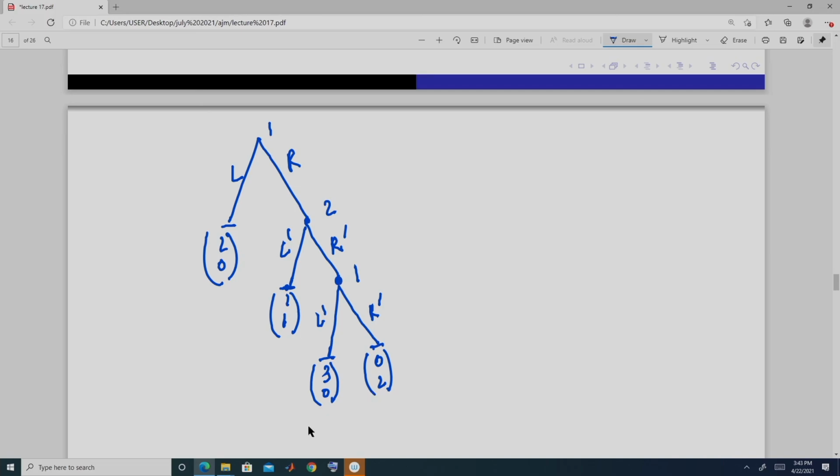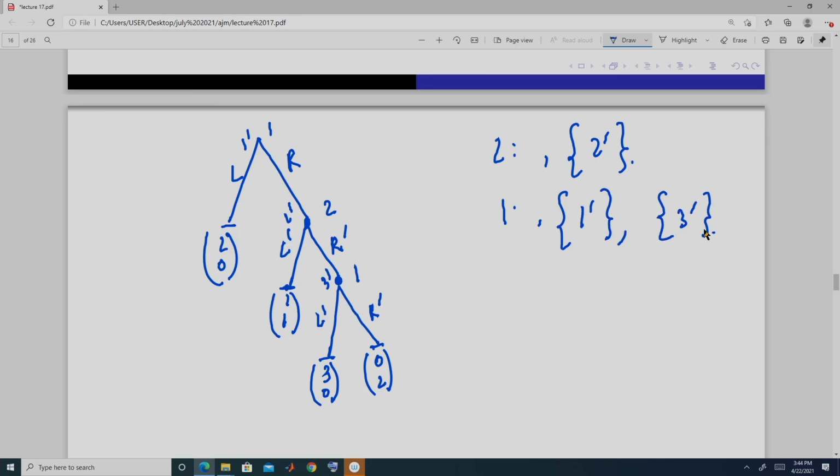So, this game has this as one subgame, this is another subgame. Okay. Now, here player 2 has only one information set. So, suppose these nodes are 1 dash, 2 dash, 3 dash and player 2's information set is only this 2 dash, but player 1's information set, it has 2 information sets, that is 1 and 3 dash this.